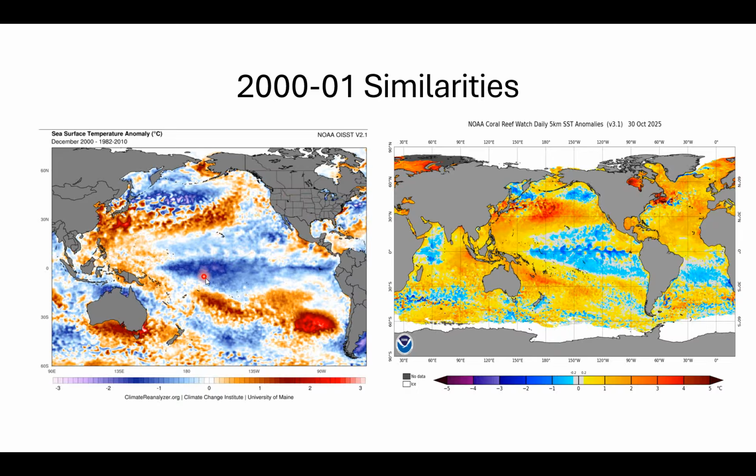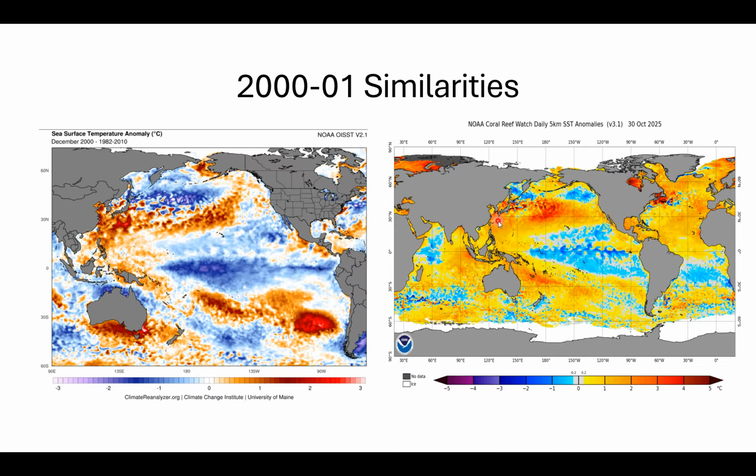You notice on the left-hand side, this is December 2000, below normal water temperatures really focused in the central tropical Pacific. We see the below normal waters with the weak La Nina as well for this late October time period. So let's keep an eye on the North Pacific water temperature anomalies.